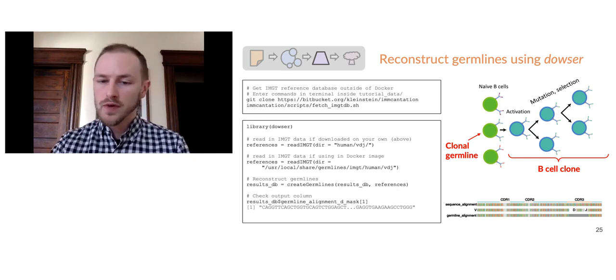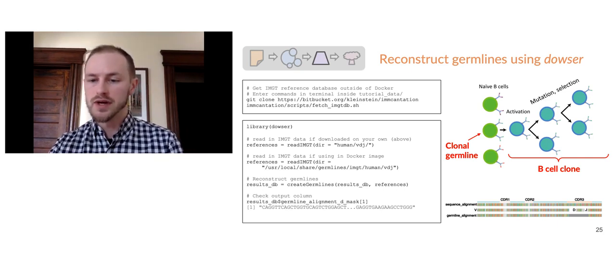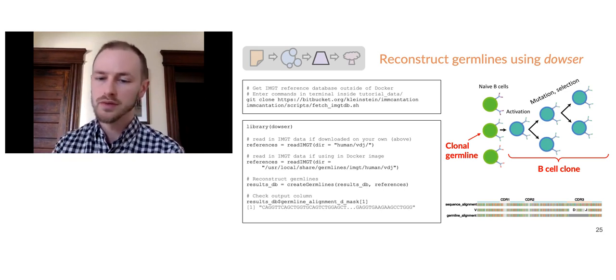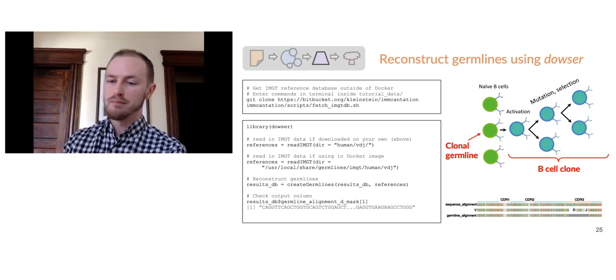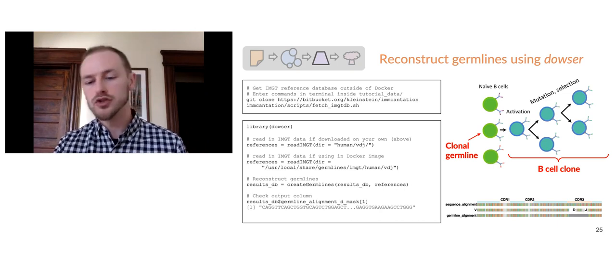We can see conceptually what this function is doing on the bottom right. What this function is doing is taking the data from the sequence alignment column, which is shown in the top row, and then taking the germline V, D, and J allele that matches to that sequence alignment and stitching it together to give an aligned germline V and J sequence.